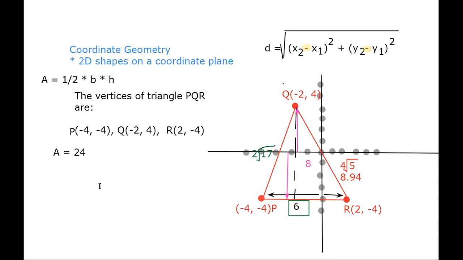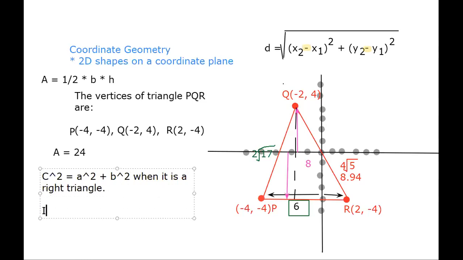Now, another thing you're going to do in this lesson is, what about that Pythagorean theorem converse? Remember that? It's been a while. So the Pythagorean theorem said c squared equals a squared plus b squared when it is a right triangle.